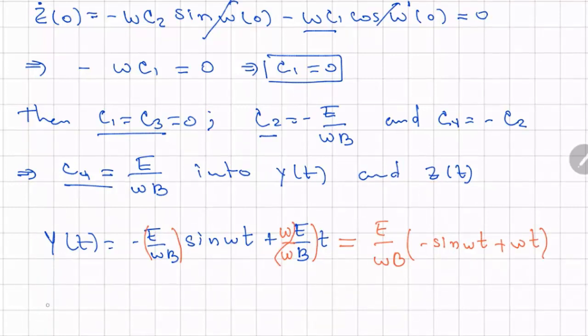Okay guys, and we get this equation, y of t is equal to E dividing wB multiplying wt minus sine of wt, and we call this equation number 4.